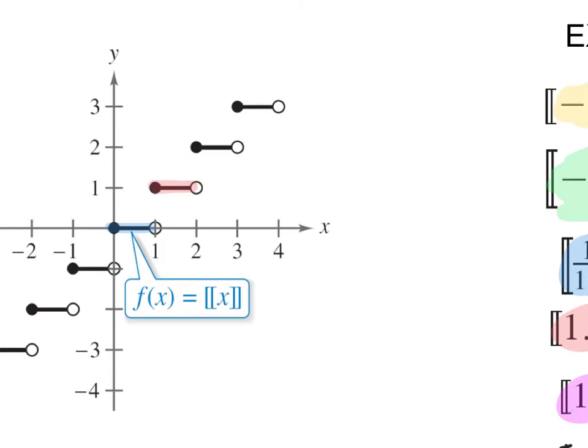Anything from 2 to 3, the answer is going to come backwards to 2. And so that's why it is a stair step, because your output is always a whole number. Your output is either 1 or 2 or 3 or -1 or -2 or -3 or -4. But there's no in between. Notice there's nothing in between these. That's why they look like stair steps.